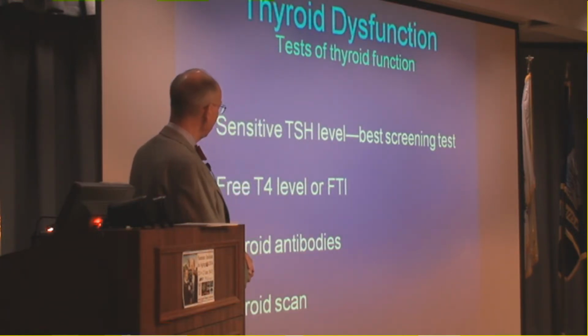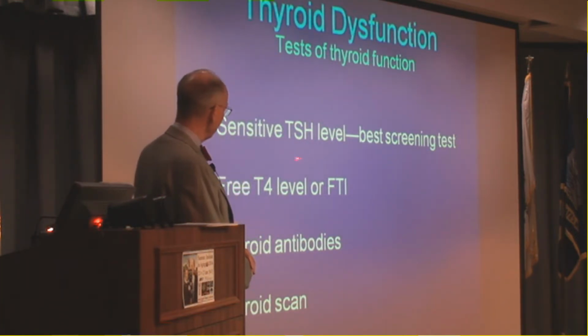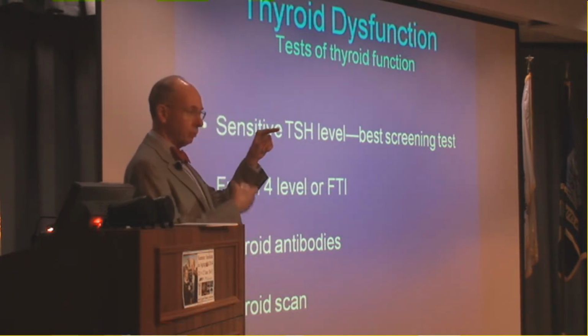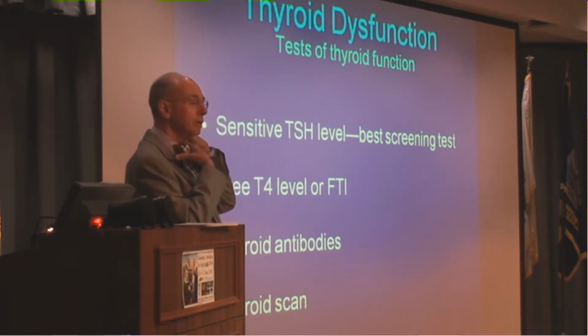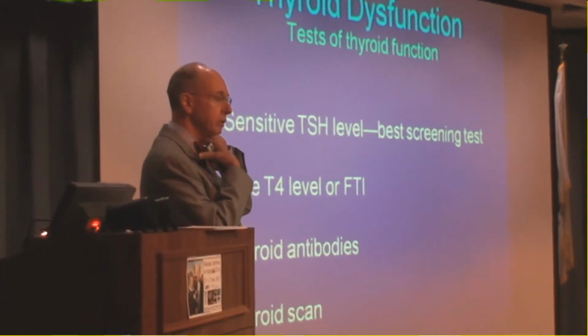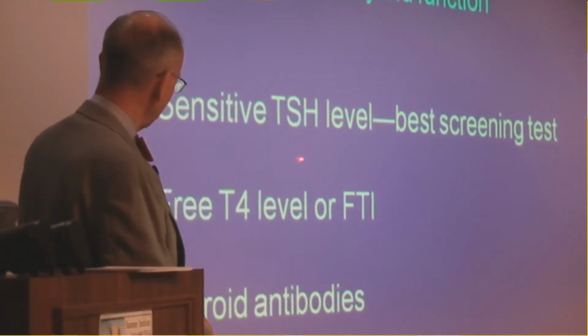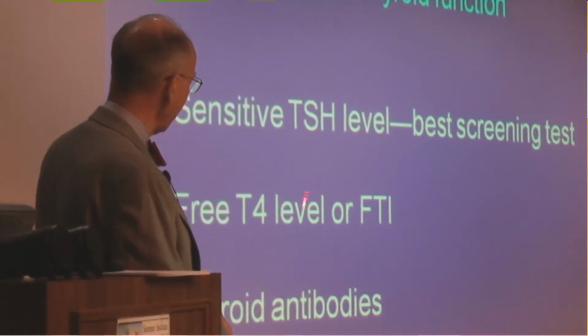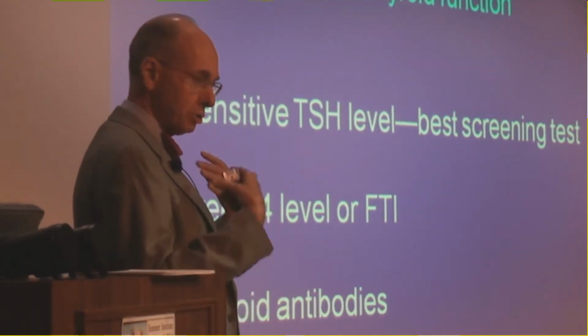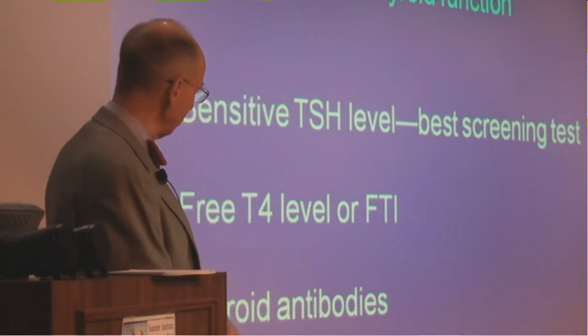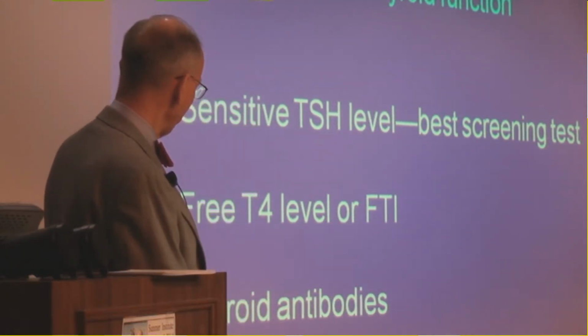The easy way is a TSH, the thyroid stimulating hormone, the one produced by the pituitary gland that works on the thyroid, that says, turn on your thyroid. Sometimes you can also do the T4, the active thyroid hormone that's circulating around, one of the active thyroid hormones, T3 and T4.